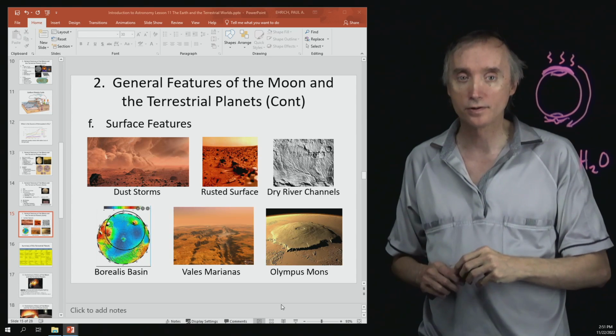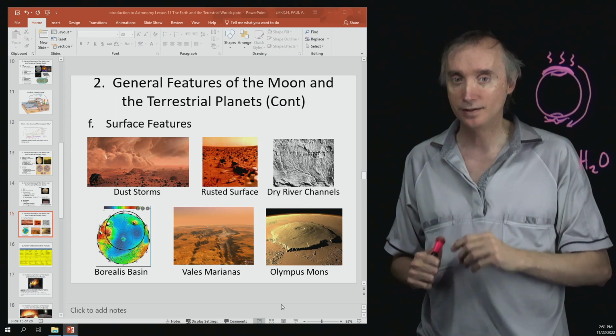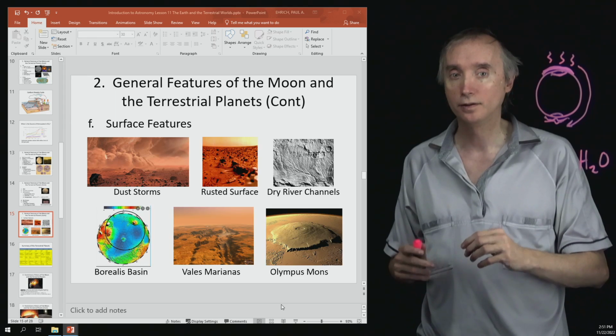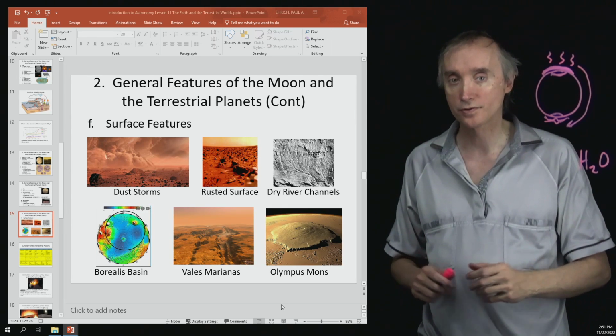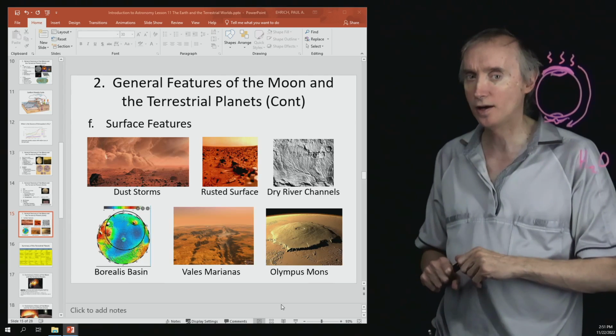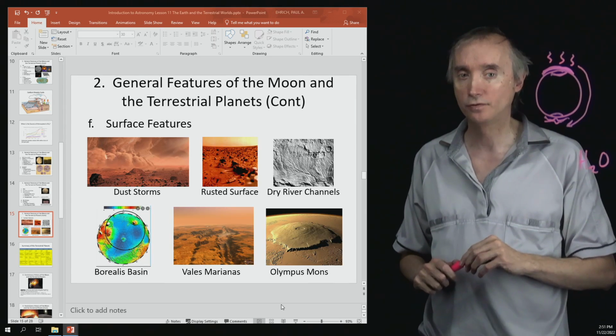Another thing about Mars is it has these dry river channels. So that's an indication that at one time it had flowing liquid water on the surface in order to be able to do this. Now there's two lines of evidence as to where did these river channels come from.